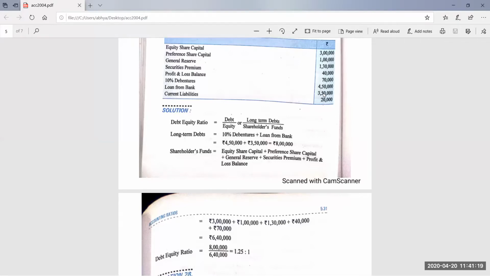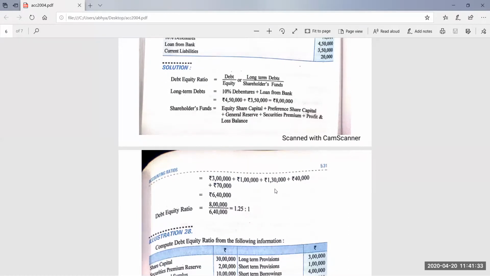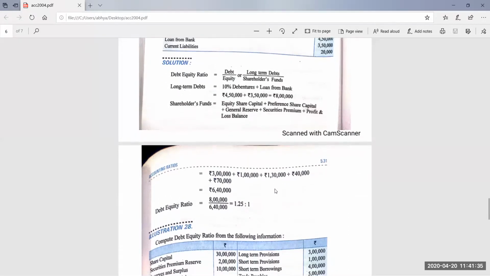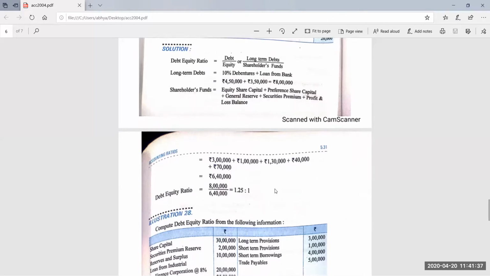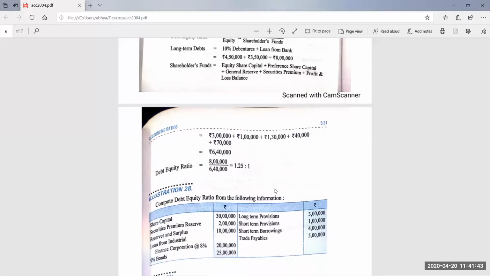But when you do the calculations in proper manner, then it will be better for you. So the shareholder funds are equal to 6,40,000. Now 8 lakh upon 640, which is equal to 1.25:1.